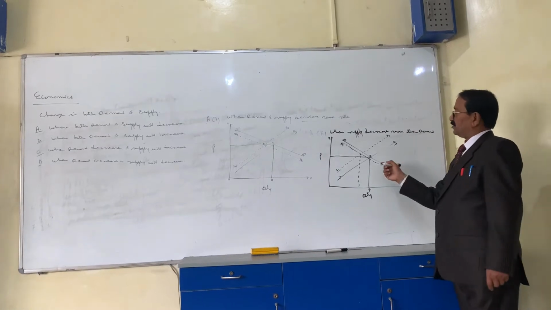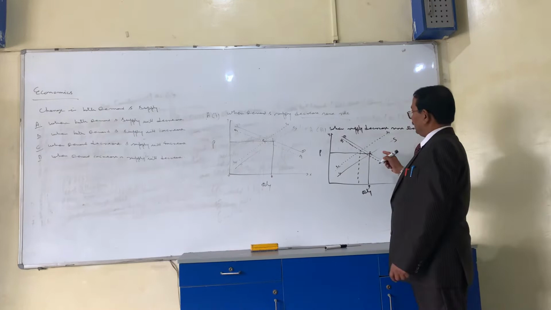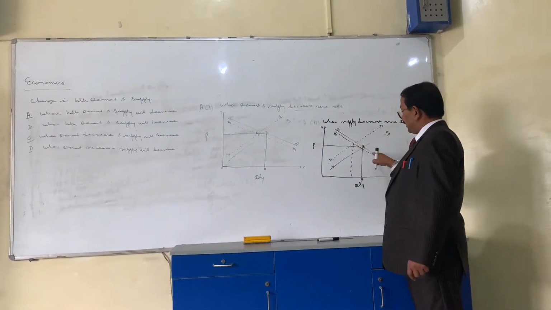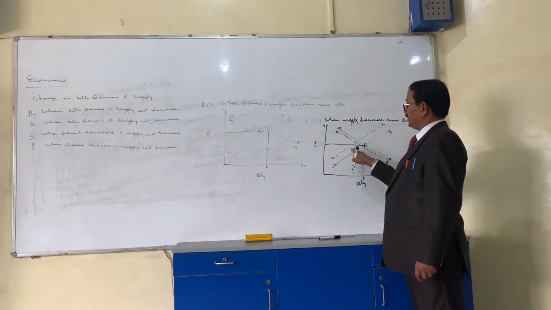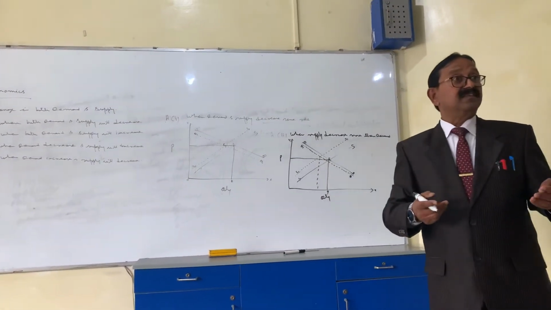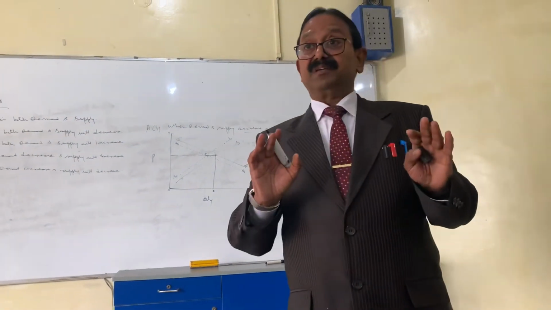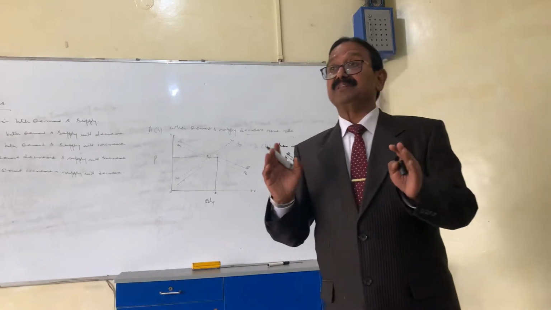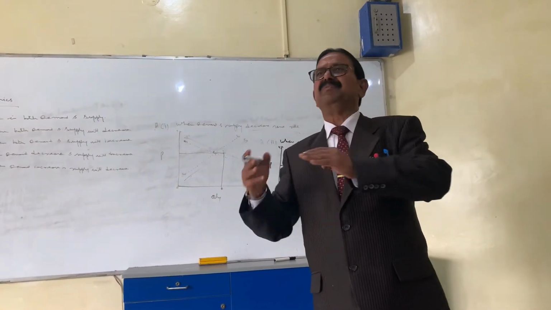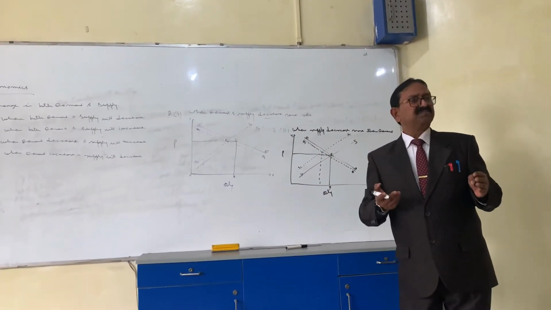Because equilibrium price will be changed due to that. Demand is less, supply is more decreased, so price will be high. Yes. Are you understanding? Literally, when supply is decreased more due to some reason, maybe short supply, maybe natural constraint.